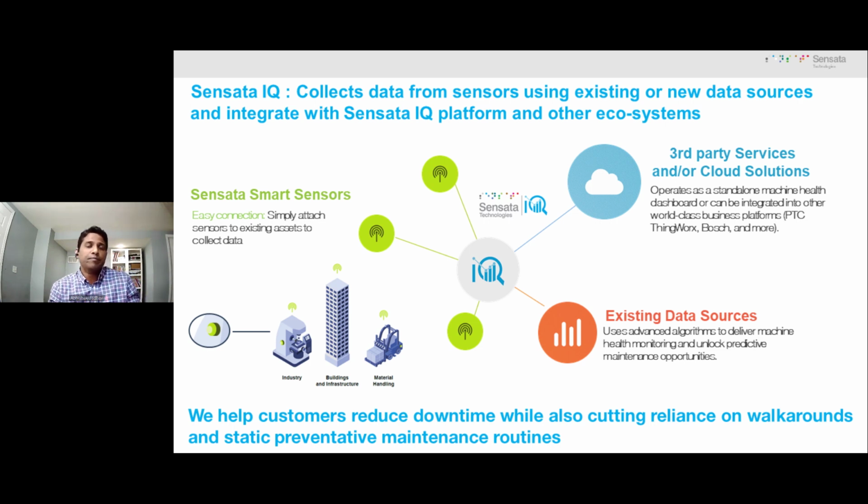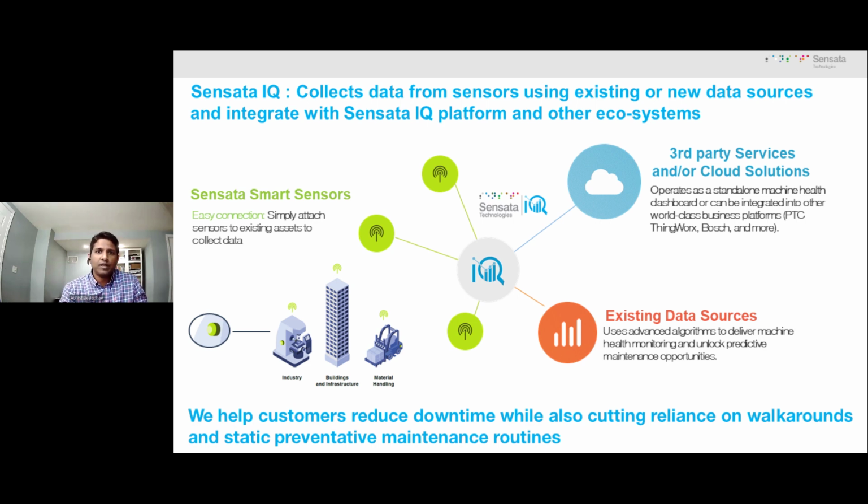Sensata IQ is our AI-backed software platform, at the core of machine health monitoring systems. We collect data from our new or any existing sensor sources and integrate that with the Sensata IQ platform and other ecosystems. Our sensors are easy to install. They're attached to existing assets to collect data. If you already have existing data sources, we can ingest that data from your sensors.